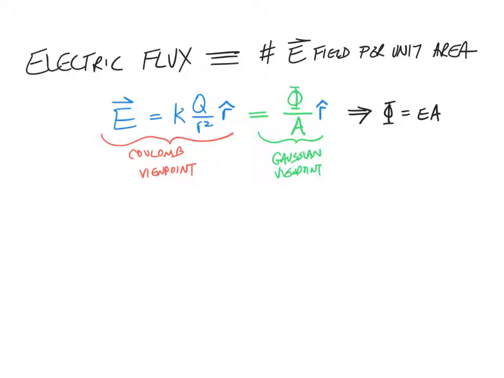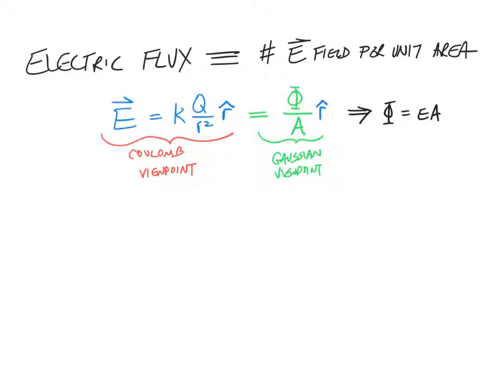Because anytime you just talk about a magnitude, you just drop the unit vector, and now you have a magnitude. So we were able to define flux mathematically. So we have a visual idea of what we could imagine, and if I apply it to the electric field, I get that flux is the electric field strength times the area that those electric field lines are passing through. Okay?